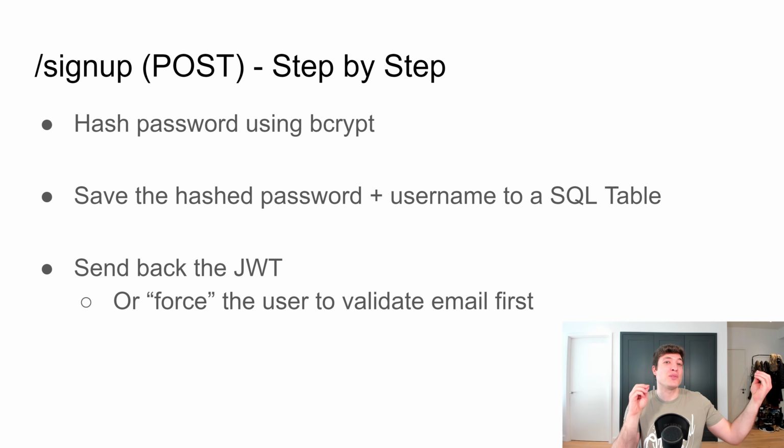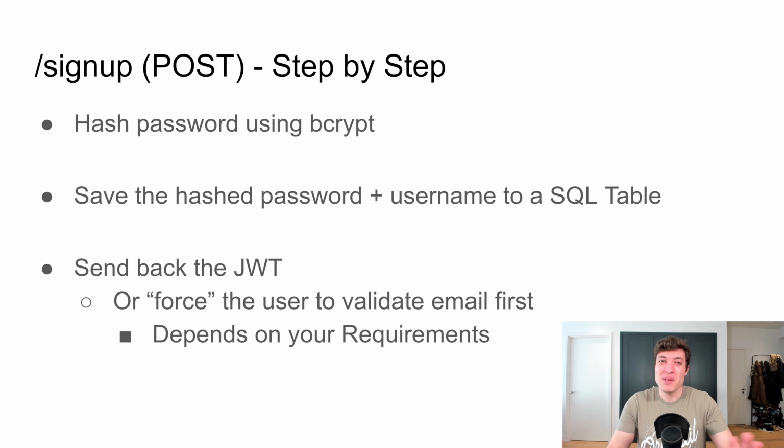So they send an email and the user needs to open a URL from that email, so it makes that email validated. And this avoids your application being full of spam accounts, okay? So it also depends on your business requirements, what your application does and doesn't do, okay?